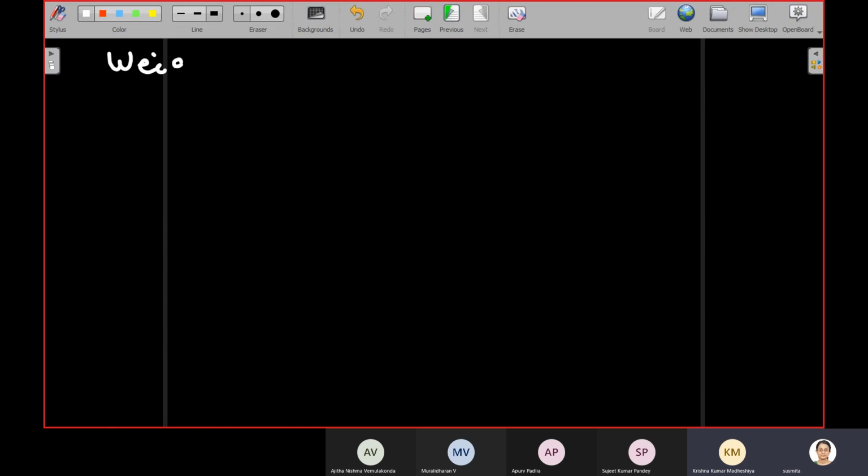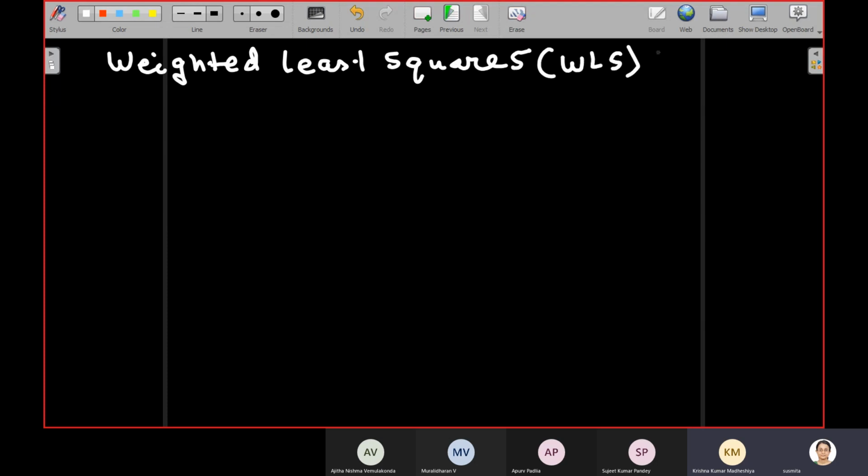The next estimator that we will consider in the class is the weighted least squares. Now we consider the following measurement model.